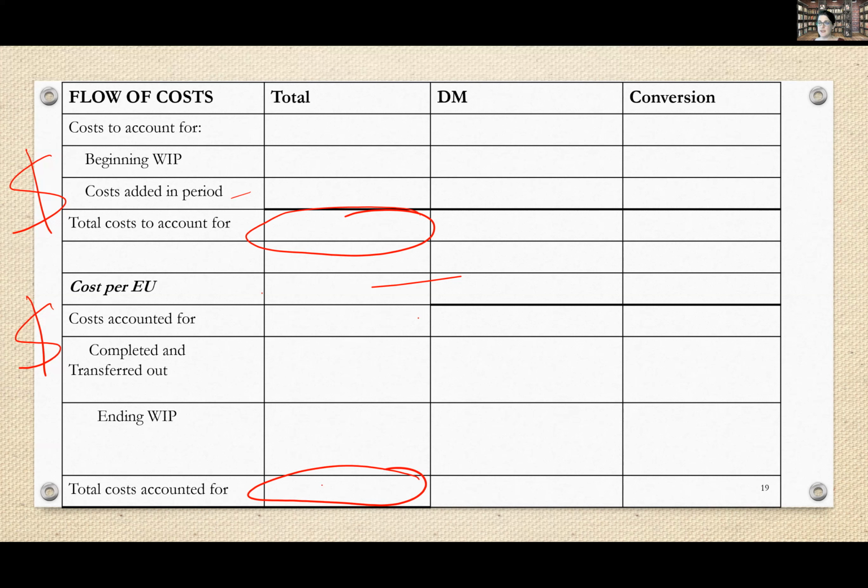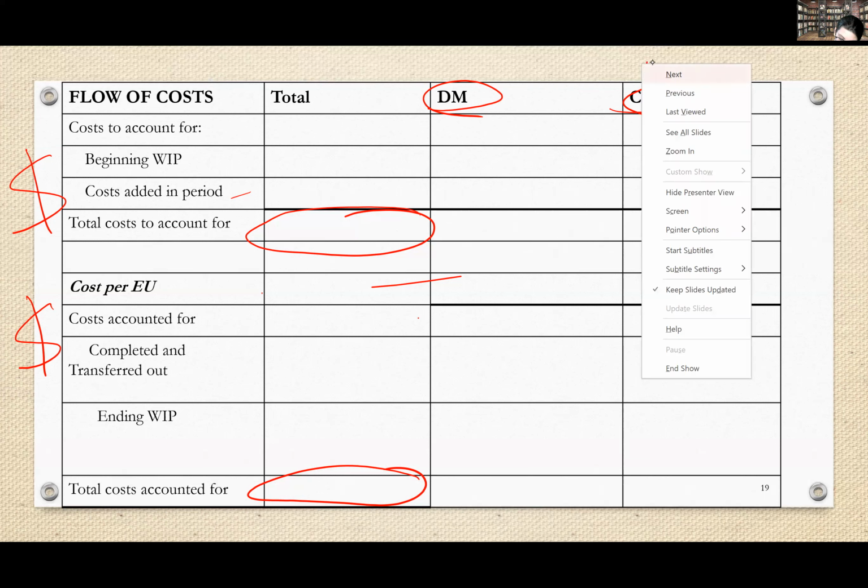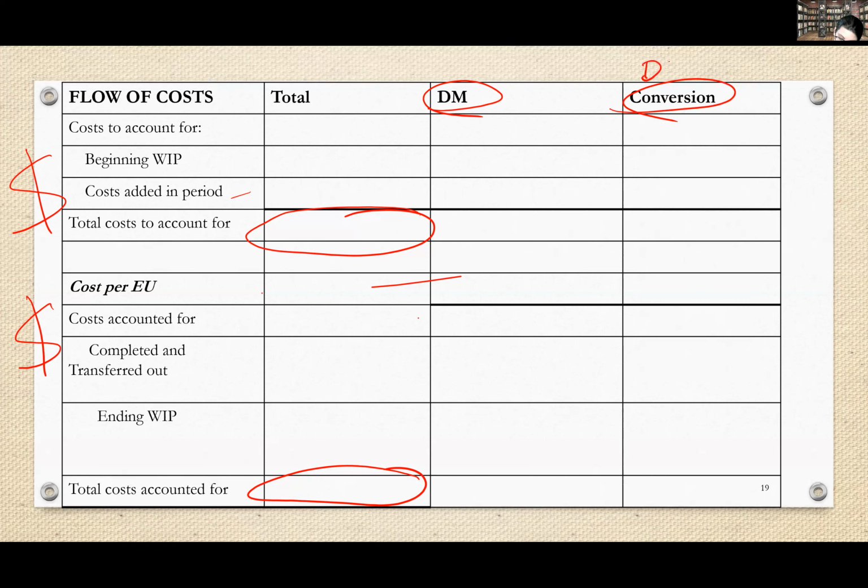How much of these costs are related to our ending work in process inventory that are still with this department, still with this process? So first, how many costs do we need to account for? And then we're going to account for them. Notice here that we have our total, and then we have a column here for direct materials and conversion. Remember that our conversion costs are going to be our direct labor plus our manufacturing overhead.